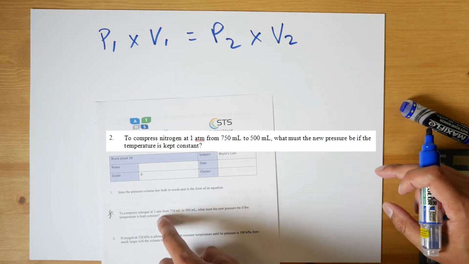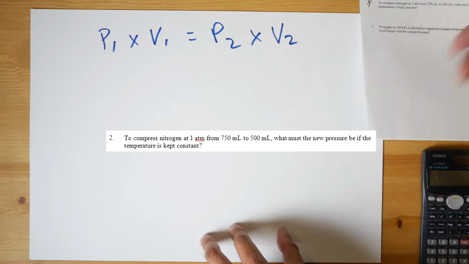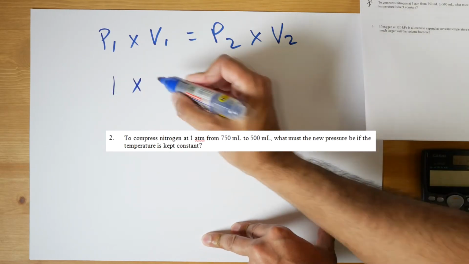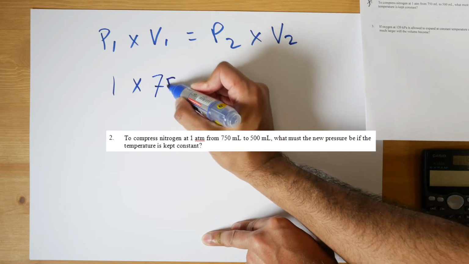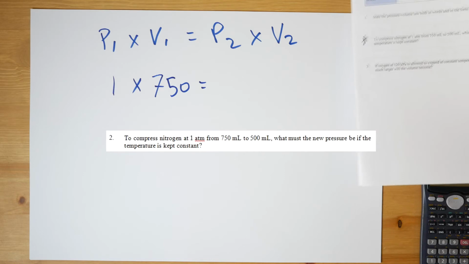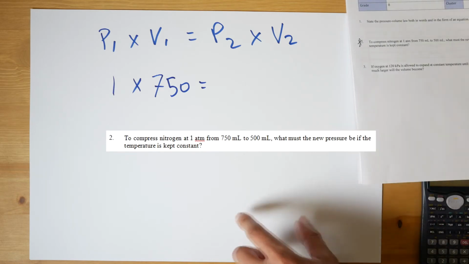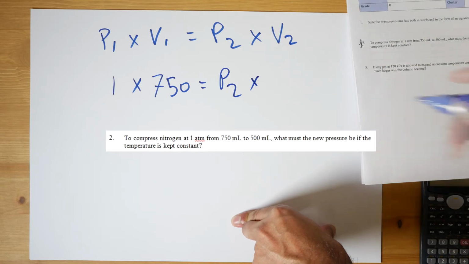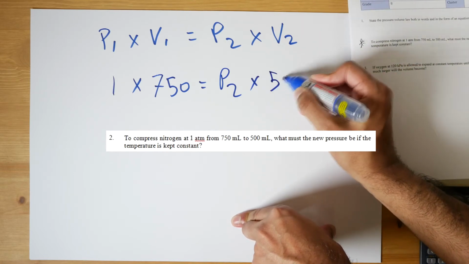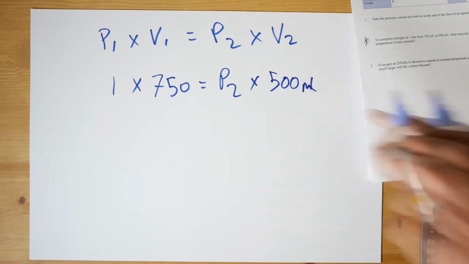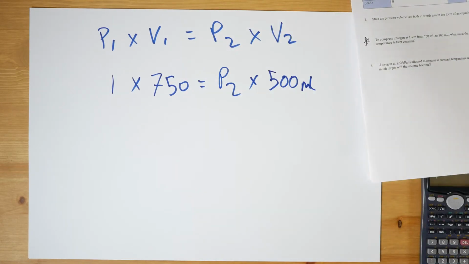It says 1 atm for P1, so I'm going to write 1 here, times V1, which is 750, is equal to P2, which is something we don't know, times V2, which is 500 milliliters. Okay, I've written milliliters here, but not over here, but it doesn't matter.